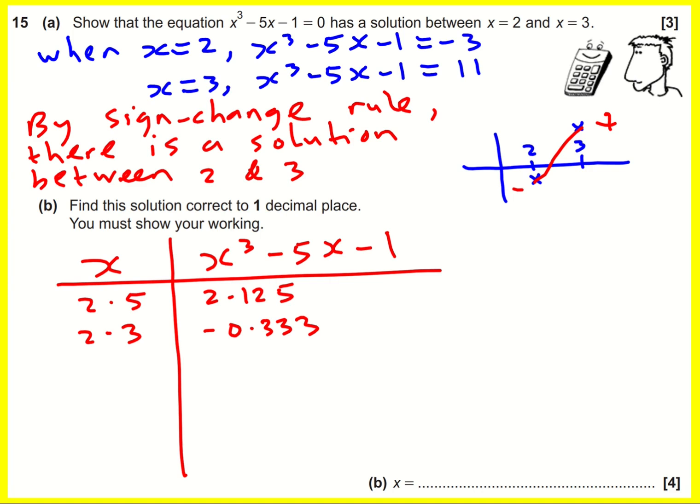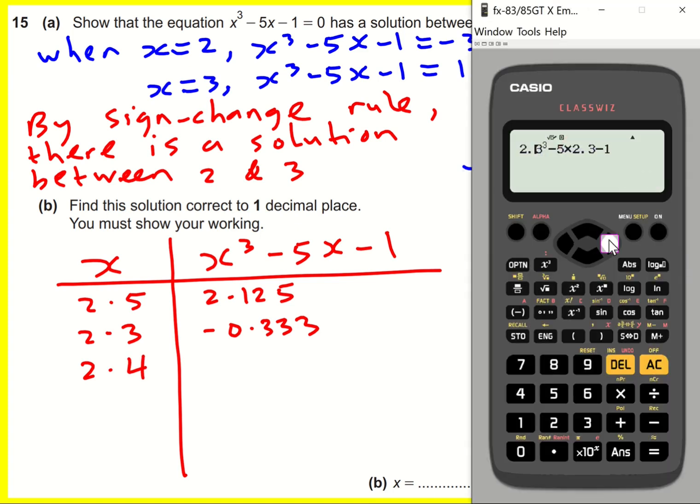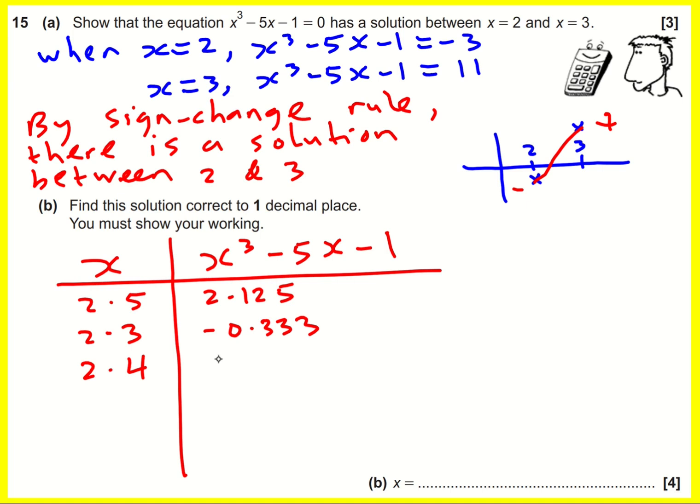Which means that there's a sign change between 2.3 and 2.5, so you can now look at 2.4, which gives me 0.824.